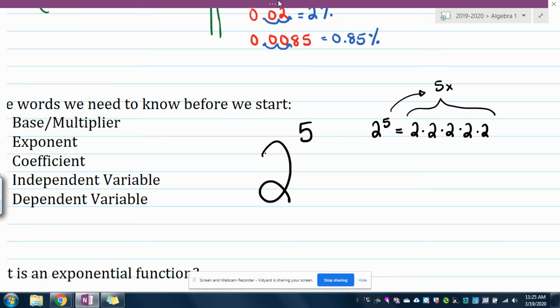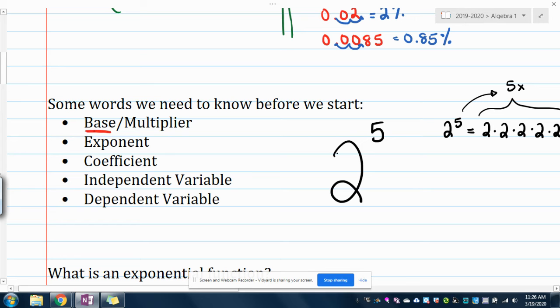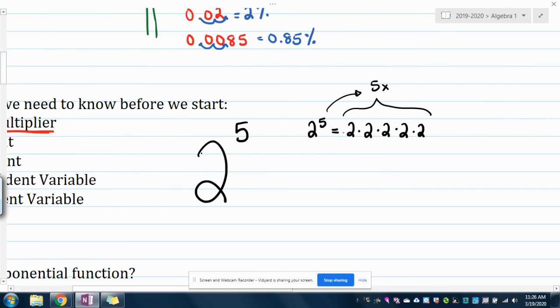So when we have something raised to a certain power, there are 2 words for that. It is called either the base, so the base of the exponent, because the base is being raised to the exponent, or it's called the multiplier. The reason it's called the multiplier is because every one of these is being multiplied by each other.